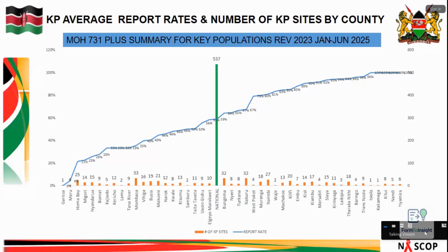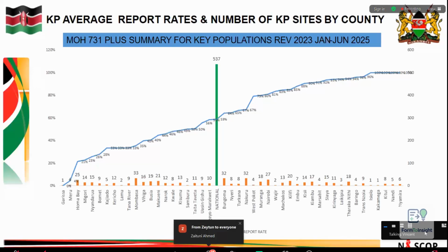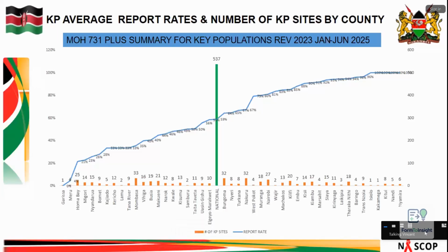Homa Bay 25%, Migori 14%, Nyandarua 15%, Bomet 9%, Kajiado 5%, Kericho 12%, Lamu 2%, Tana River 9%, Mombasa 3%, with around 3 facilities offering KP services.